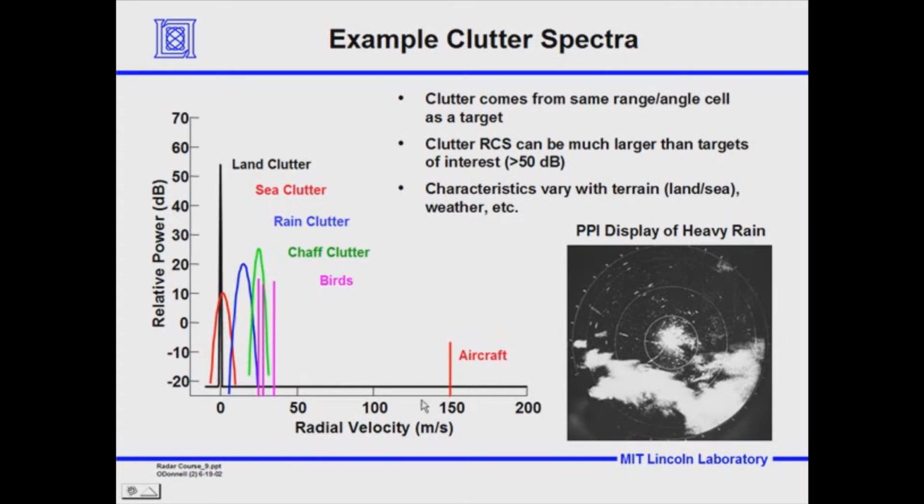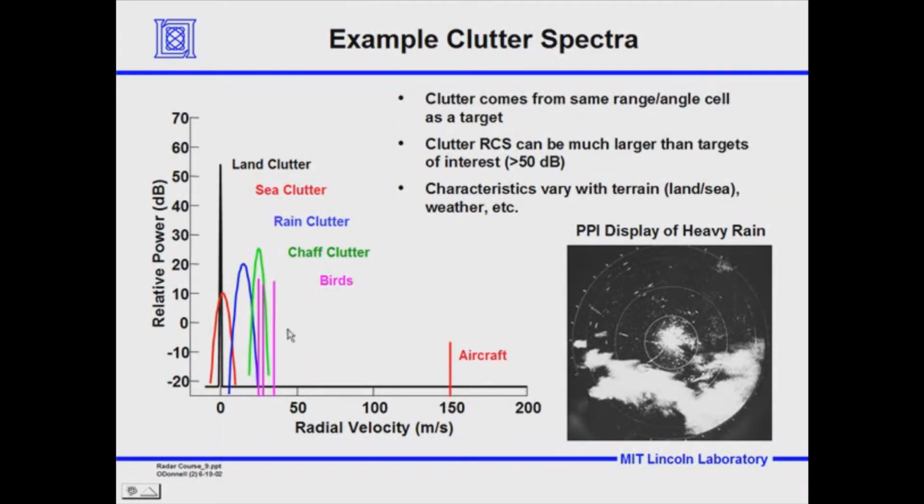Notice that these next 4 sets of clutter are much lower in intensity than land clutter, and they go up to maybe 35 meters per second, 67 miles an hour, about 70 miles an hour. And notice the aircraft are up here, their radial velocities might be 150 meters per second, going pretty darn fast.